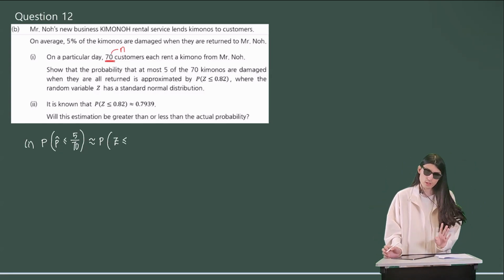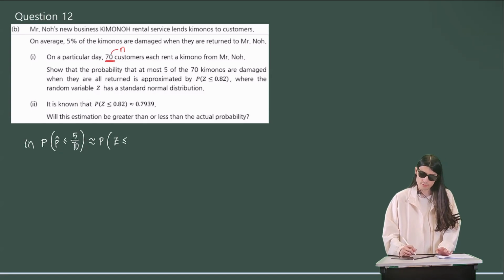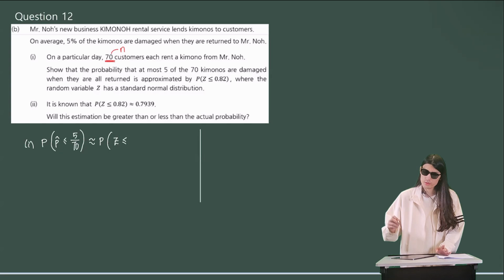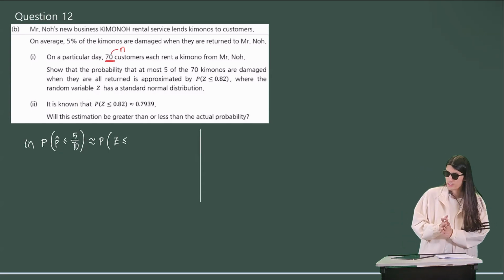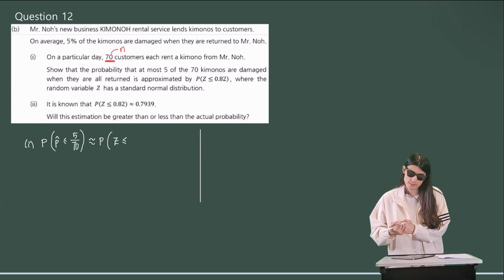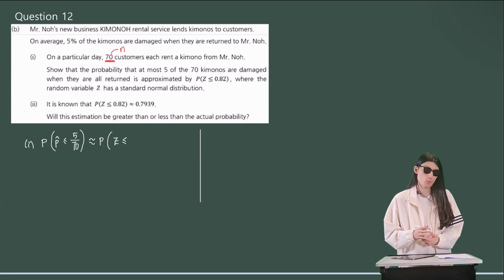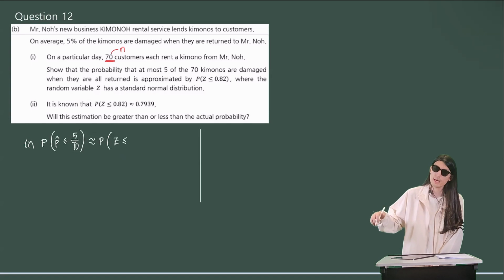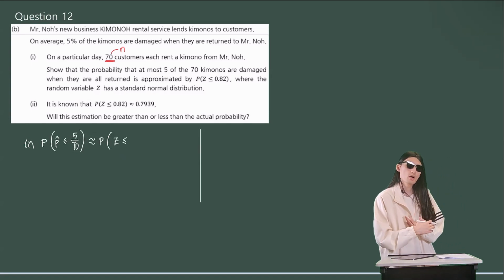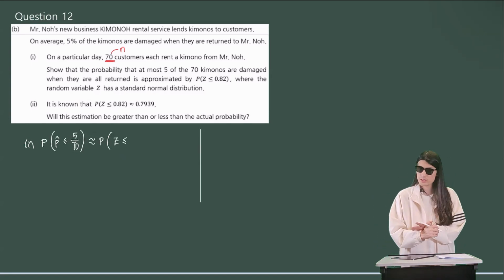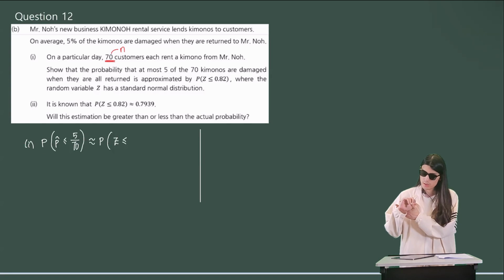Well, for us to figure that out, we need to know the expected value, that's the mean, and the standard deviation of my sample proportion. We need to know the mean and the standard deviation of the proportion of the kimonos which are damaged.